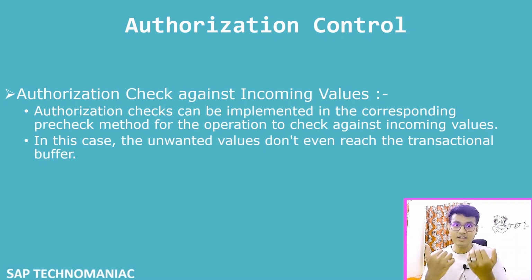We are checking the authorization against the incoming values, not the values available in the transactional buffer. That is the reason we do that kind of check in the pre-check method. We check using the authorization object whether the user entered the appropriate amount or not, and if so, we proceed further, otherwise we stop there.